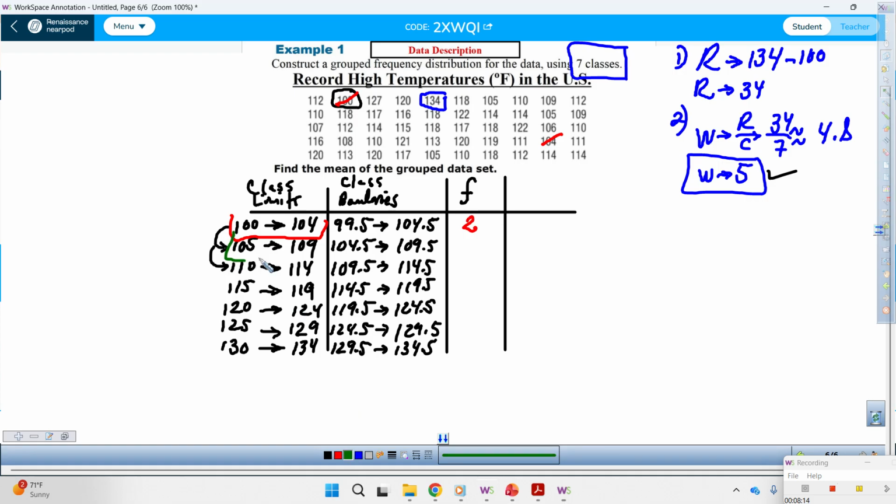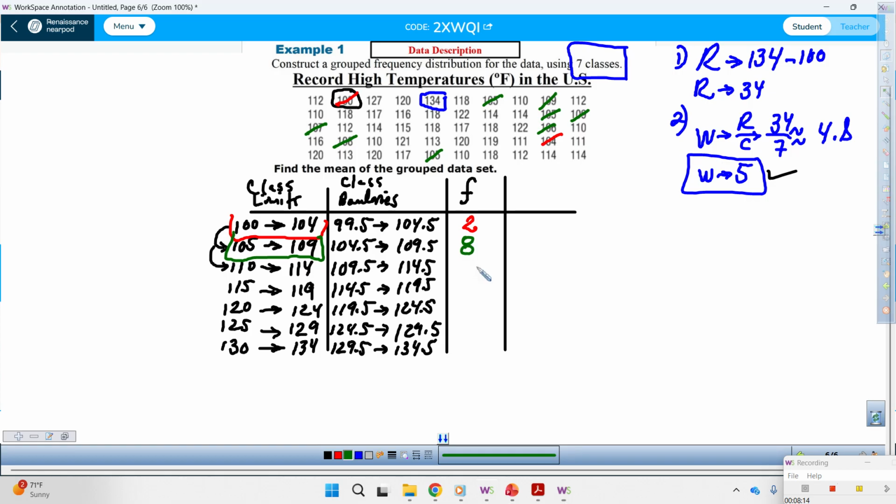Next one, from 105 to 109. 1, 2, 3, 4, 5, 6, 7, 8.